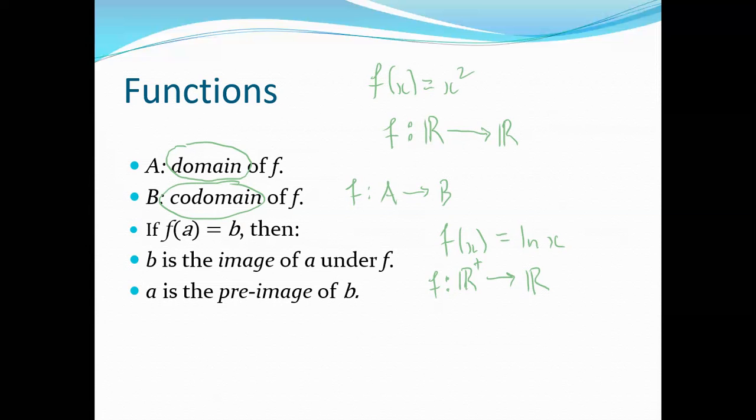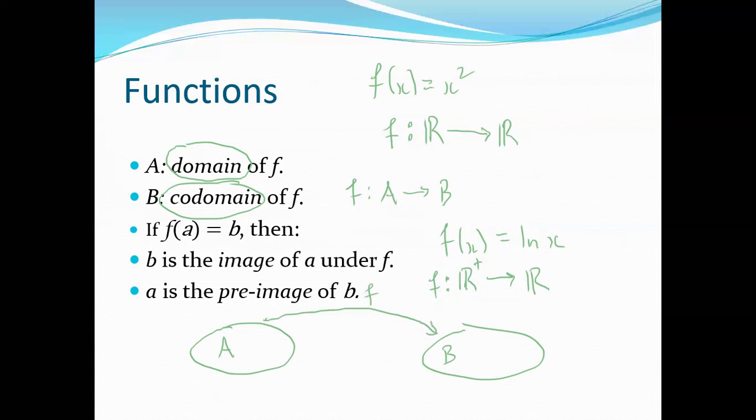So if f of a equals b, if f of some input a is equal to b, then here's some more language. B is called the image of little a under f. Here's a little picture of what's happening. I like to draw pictures. Here's A, here's B. F is going from this set to that set.